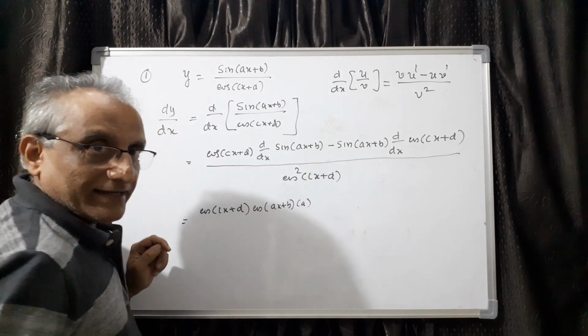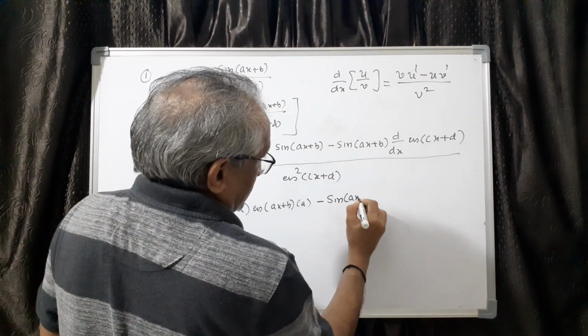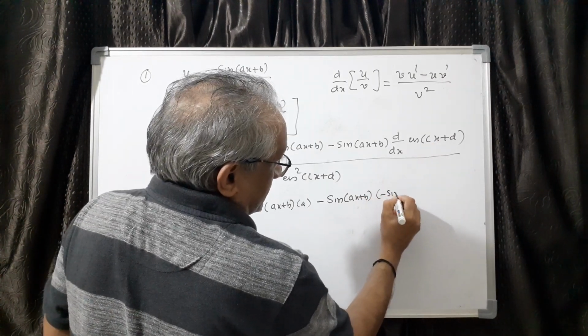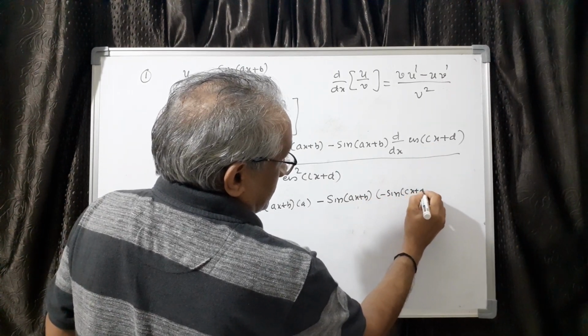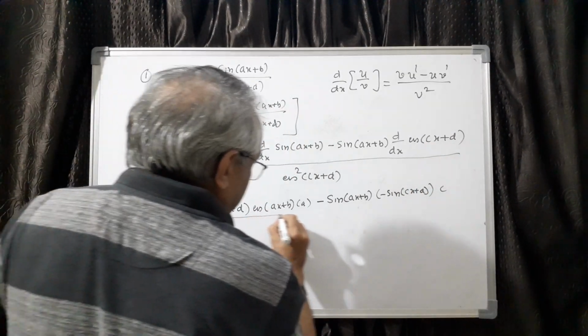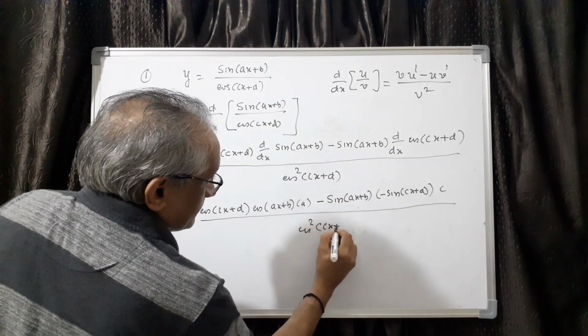So chain rule directly. Same thing here, minus sine of ax plus b. Then differentiation of cos is minus sine of cx plus d into differentiation of cx plus d is c, divided by cos square cx plus d.